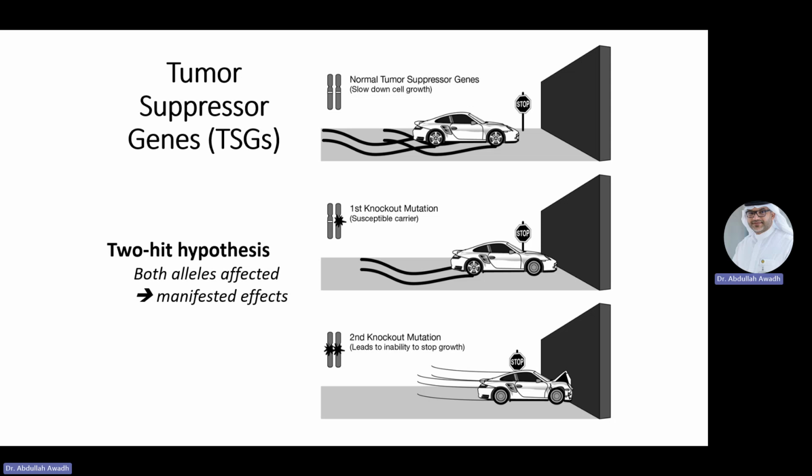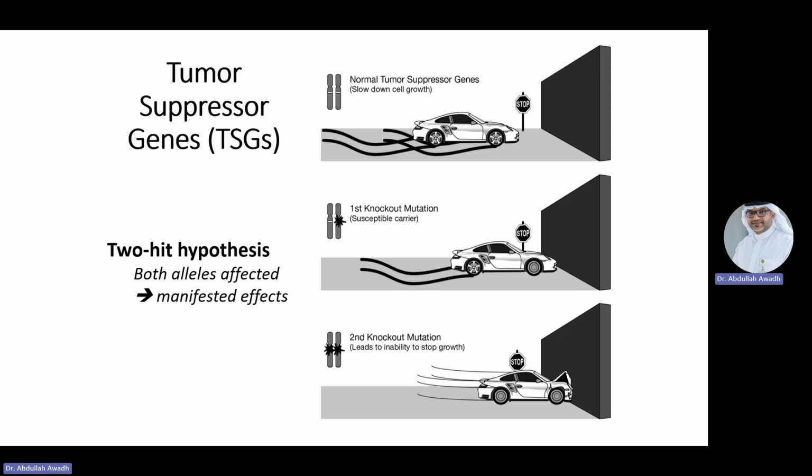If both work fine, with normal tumor suppressor genes, there is a slowdown of cell growth, so the cell will stop at the right time, for example, allowing the cell to duplicate its genome, allowing the cell to repair damage, and so on. The brakes are there to allow the cell to reach the optimal condition for division. Sometimes we inherit one, a first knockout mutation.